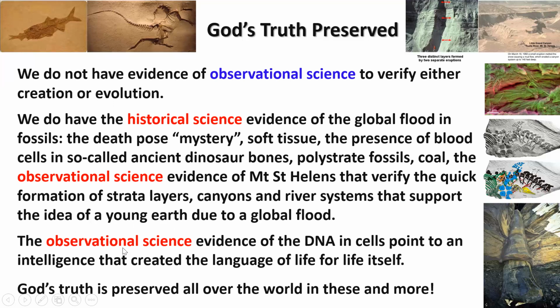And now we have the observational evidence of the DNA in cells, pointing us to an intelligence that created a language of life for life itself. All this is now observational science. And we see that God's truth is preserved all over the world in these and more.